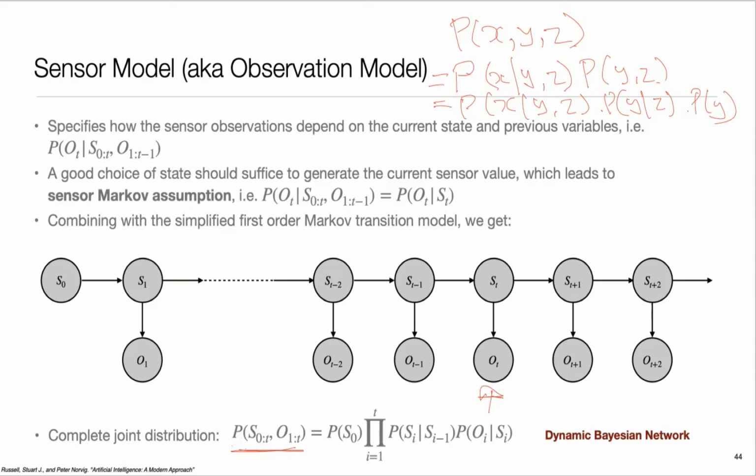So what it translates to in this particular case is, remember, S0 has no parent, so that appears as is. It's almost like I'm giving you a recipe at this point. And then for every edge, you are going to have probability of Oi given Si, and then probability of Si given Si minus 1, and you're going to have the product of these, right?